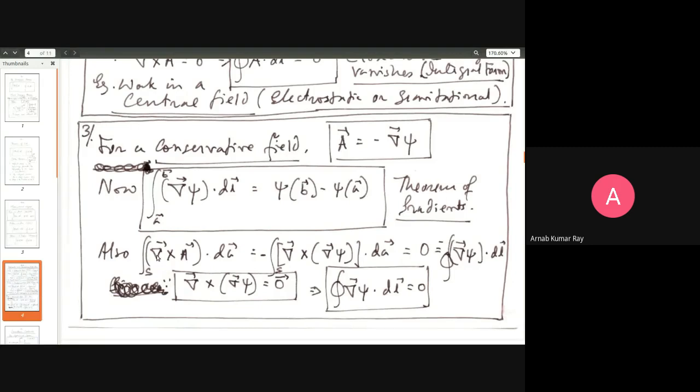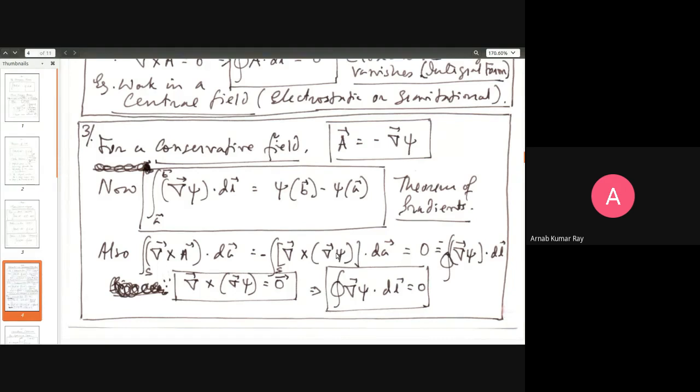So if you have curl of A dot dA, and A is a conservative field, then I can substitute A with minus gradient of psi. But the curl of a gradient is 0. You know that. We have done this mathematically, taken derivatives of vectors.